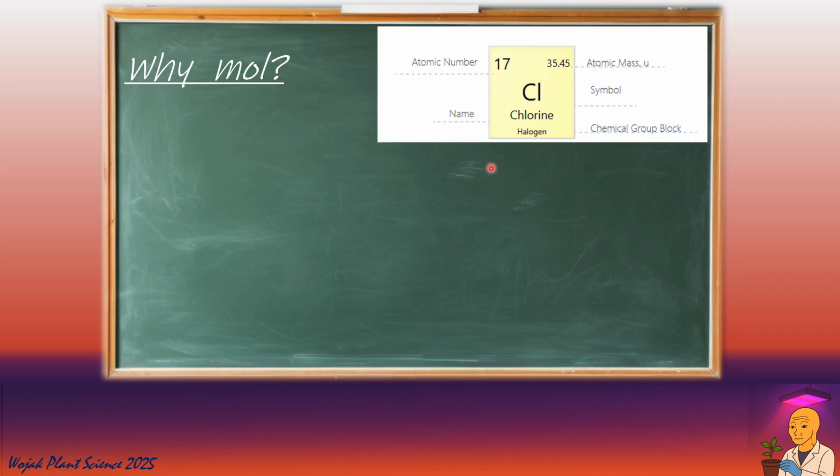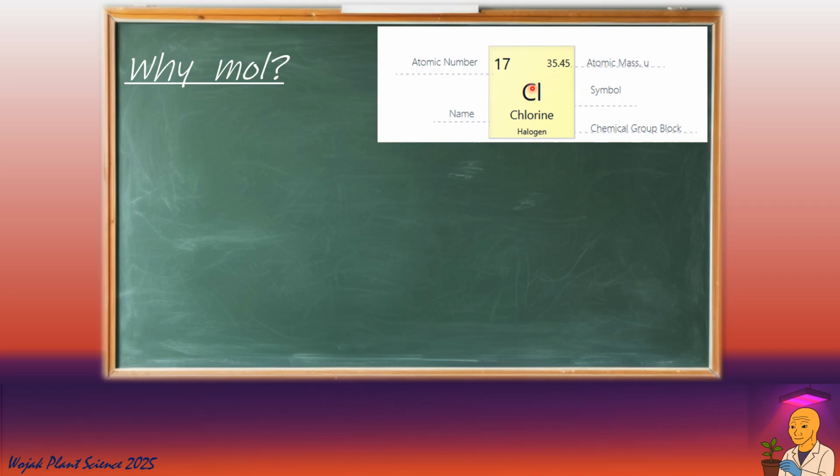So guys, why mole? Well, when you look in the periodic table, you find all atoms. I'd like to explain it by the example of chlorine. Let's break down what information we have here.